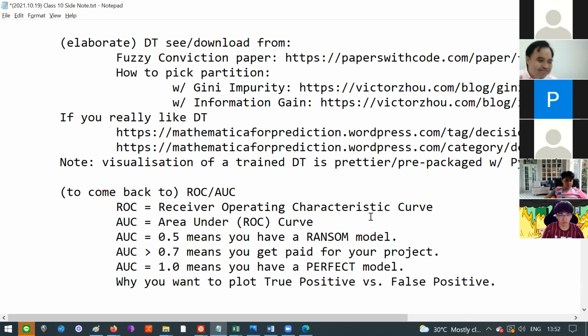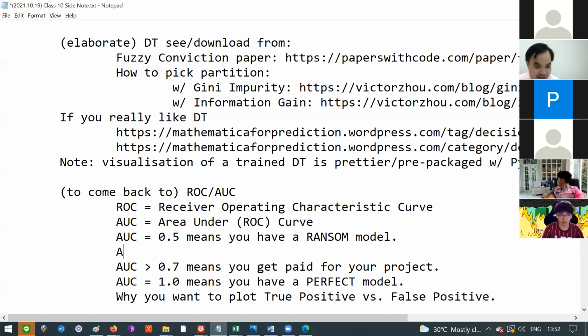Below that, you can still get paid, but... And AUC greater than 0.9. Now this is a kind of rough number, right? Something like that. So that's what this comes down to.